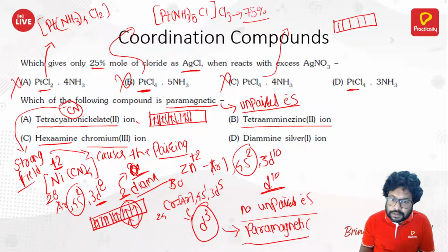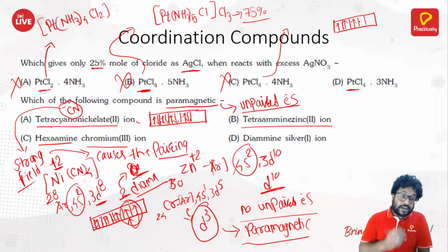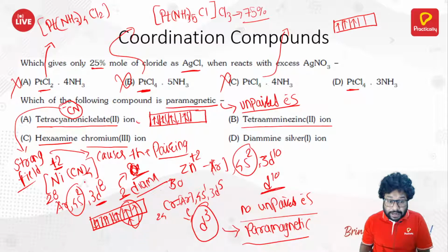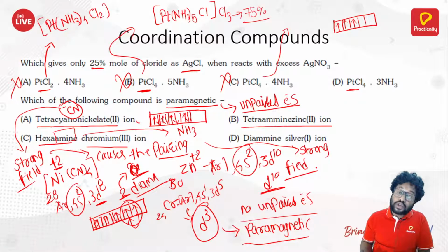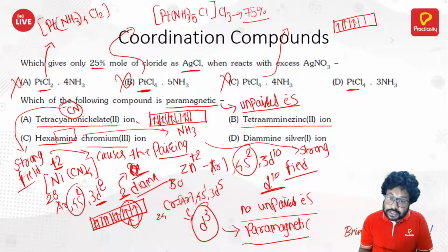You distribute them like this, 1, 2. Now your chromium is attaching with the amine. Amine is NH3, and NH3 is also a strong field ligand. So it also causes pairing. It causes this electron to get paired with this.